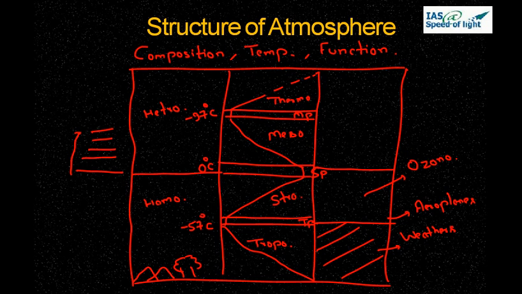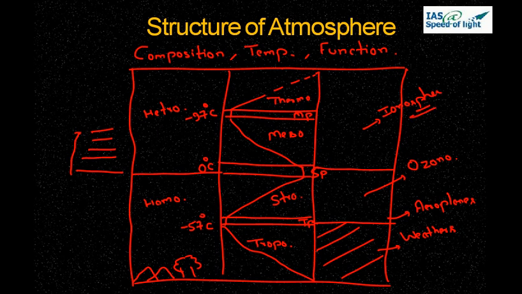A higher temperature will result from absorption. Similarly here, the ozone molecules absorbing the incoming radiations from the sun result in higher temperature, and that is why we see an increase in temperature with altitude from tropopause to stratopause in the stratosphere. So this is the ozonosphere, and the final one we see is the ionosphere, where we see the charged particles.